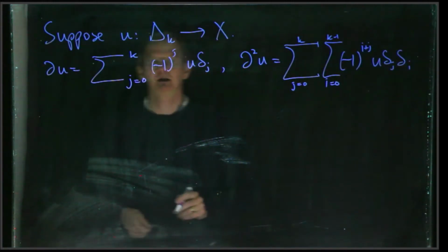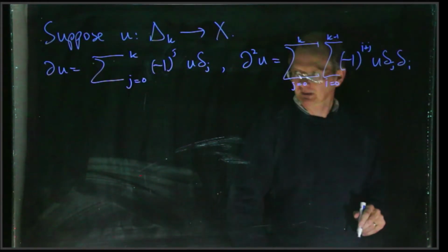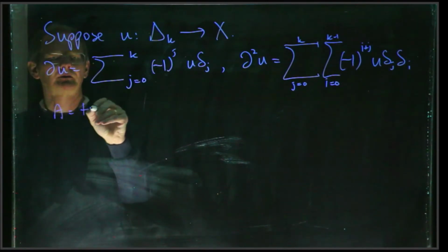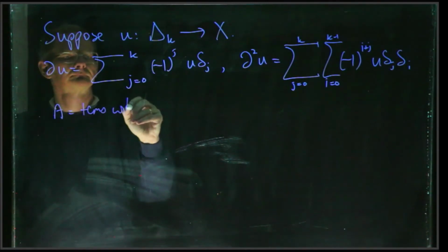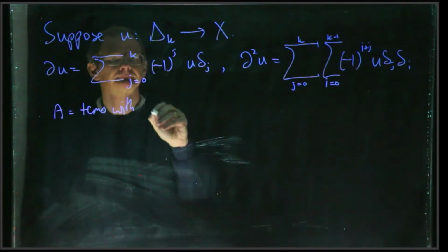And we can split this sum into two groups. So A is terms where I is less than j.